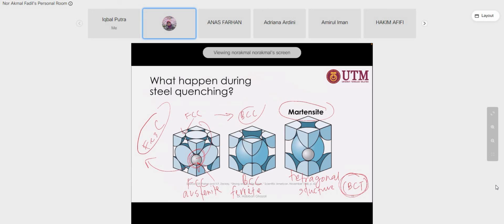The mechanism of diffusion occurs homogeneously and in the equilibrium mechanism. But for the fast rapid cooling like this reaction, we call it non-equilibrium, a very fast reaction. So that's the reason you get martensite. This one is not formed during constructing the phase diagram.